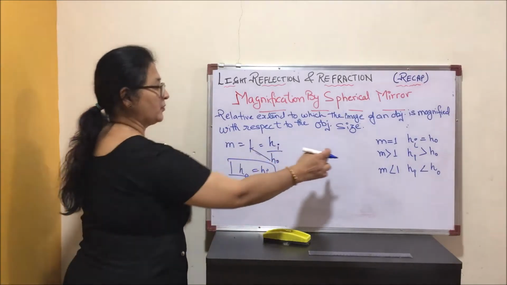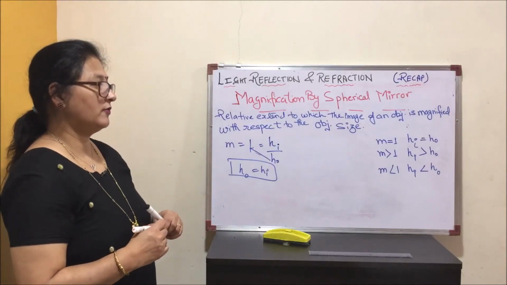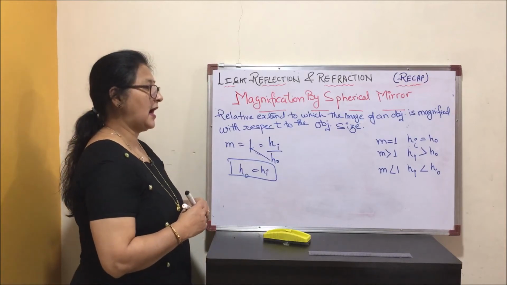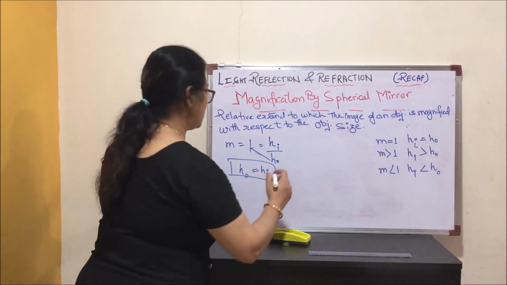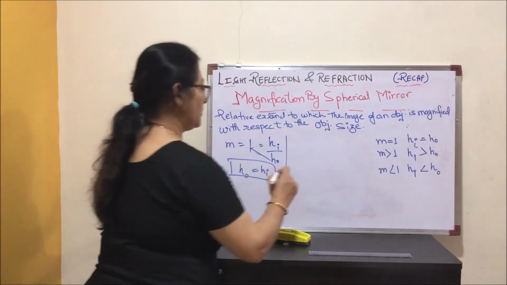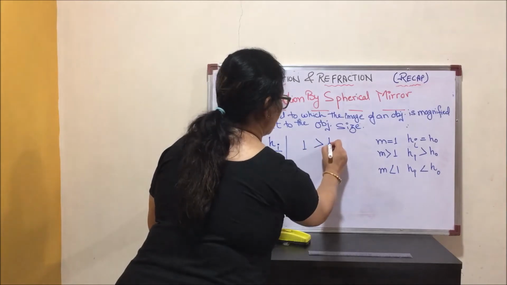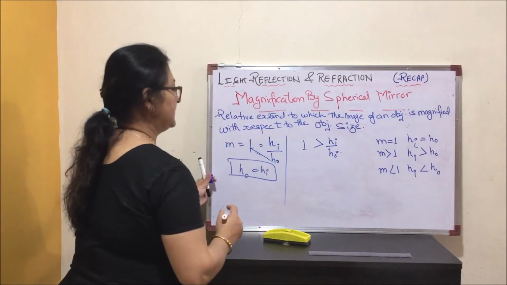Okay, now let's prove the second one: if magnification is more than 1, that means the height of the image is greater than the height of the object. So let's prove that. hi upon ho. Okay.